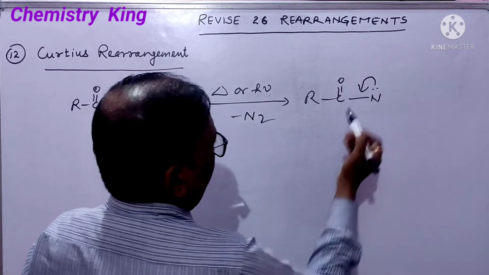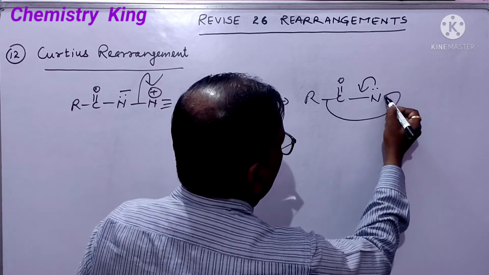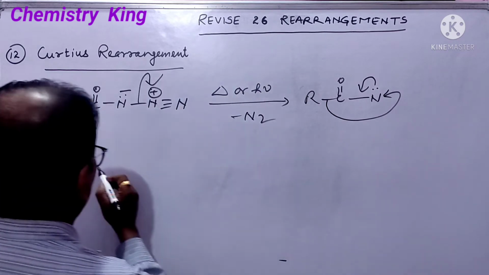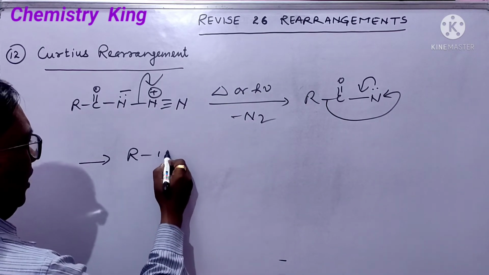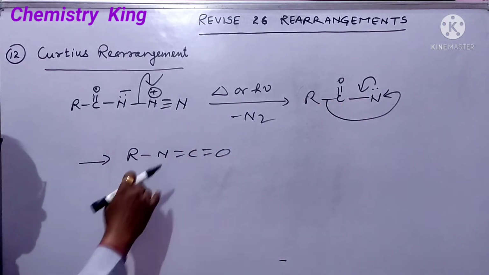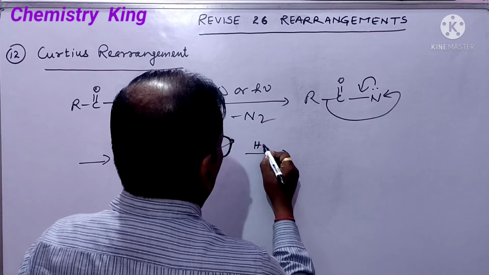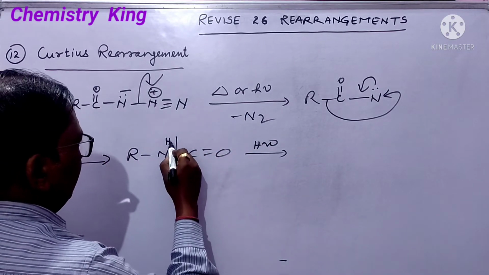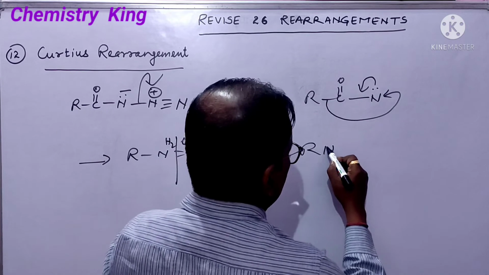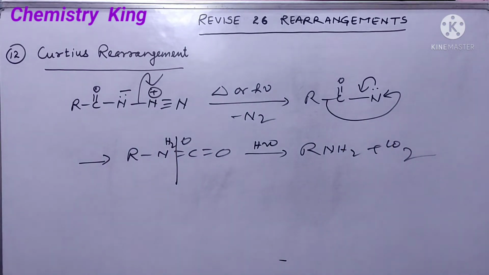Now it comes here and this R will rearrange in this fashion, leading to R, double bond C, double bond O. It is actually nitrogen. Nitrogen turns into isocyanate, and on hydrolysis H2 will come here, O will come here, and you will get amine plus carbon dioxide.